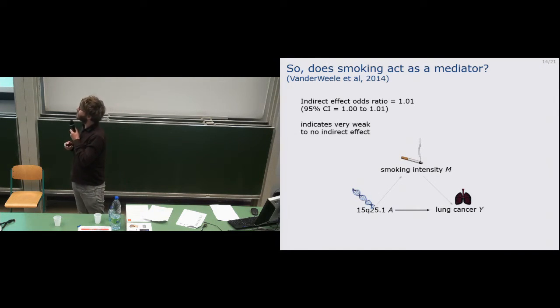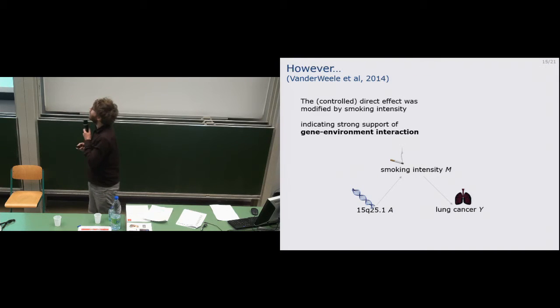Their meta-analysis pointed out that only 3 to 5% of the effect of the genetic variant was mediated by smoking intensity. However, it also indicated that the direct effect of the genetic variant differed between smokers and non-smokers.